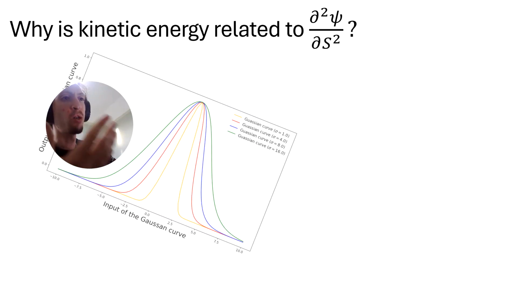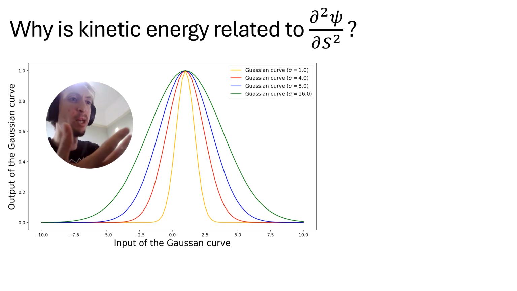So Gaussian curves are not the kind of curves you would see for particles in an infinite potential well, but these are valid, stationary state wave functions. They're wave functions in terms of s, and they're normalizable, which is all we really need to have a valid stationary state wave function. Oh, and also they vanish at plus or minus infinity.